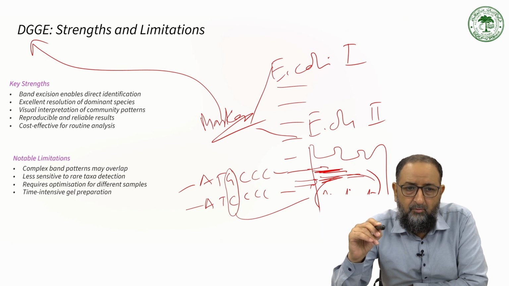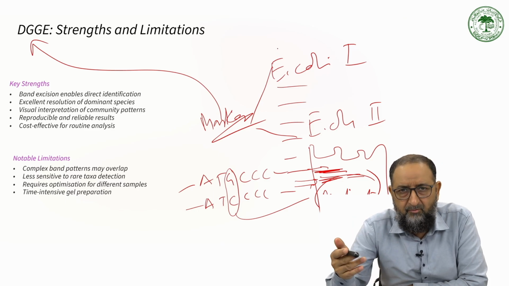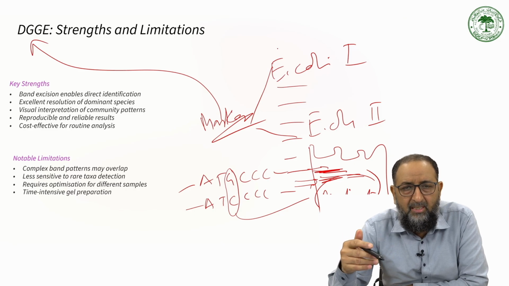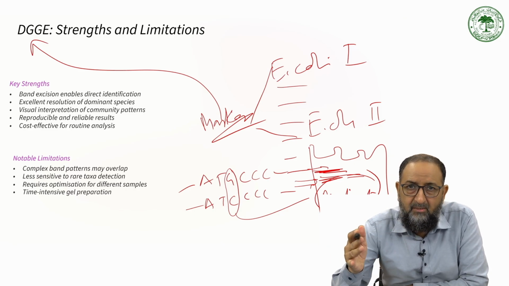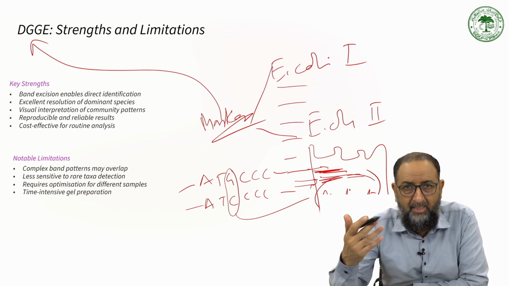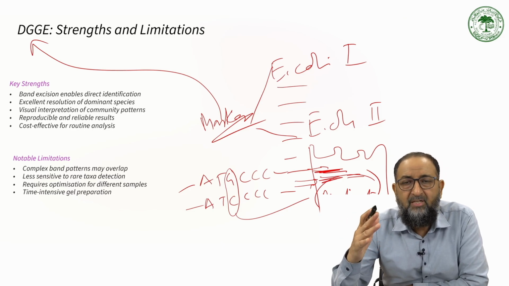Less sensitive to rare taxa detection. Rare taxa detection is difficult for many reasons. For example, sometimes the rare sequences are not available. Sometimes if you want to compare with the databases, the rare sequence data is not available. So these are some reasons why it might be less sensitive for prediction. Requires optimization for different samples.